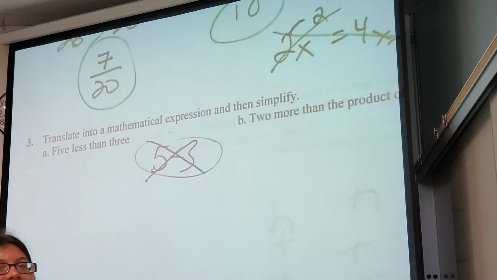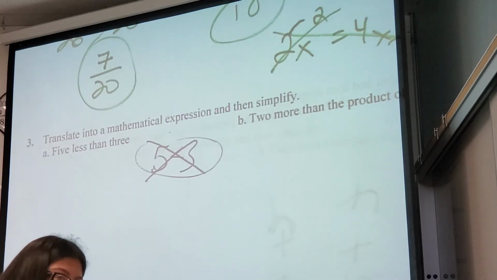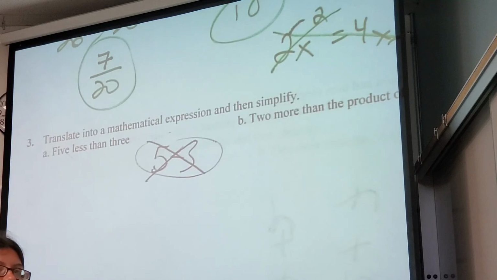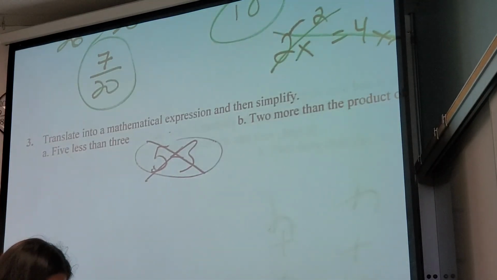This is English's fault. I'm not saying English sucks. I'm just saying in this case, it is the English that makes the math harder. 5 less than 3 is 3 minus 5.